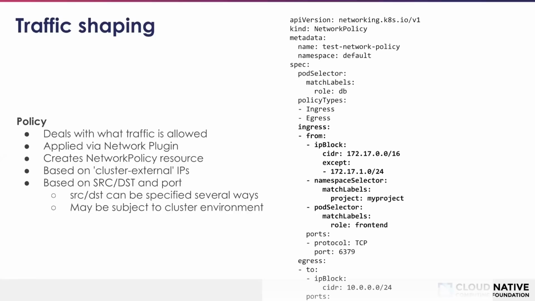So we can define the rules and the set of IP addresses that can be used for ingress and egress for the certain pods, which is an important issue when you're running in the untrusted edge environment.